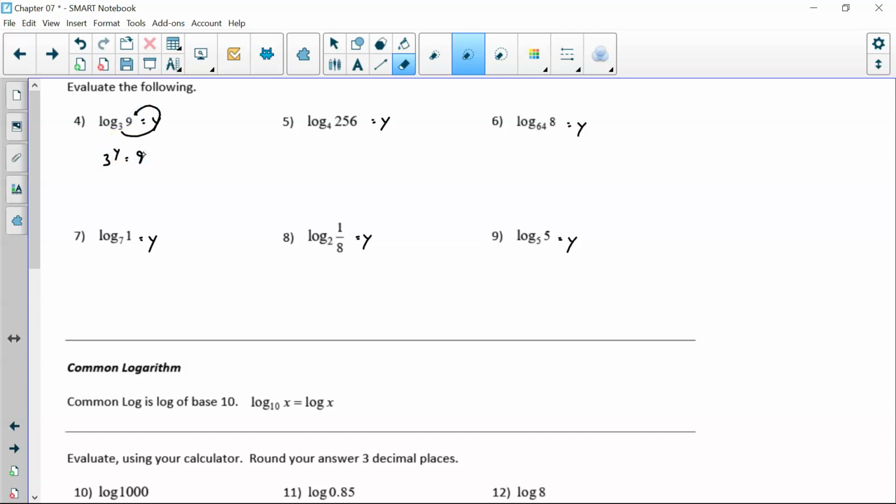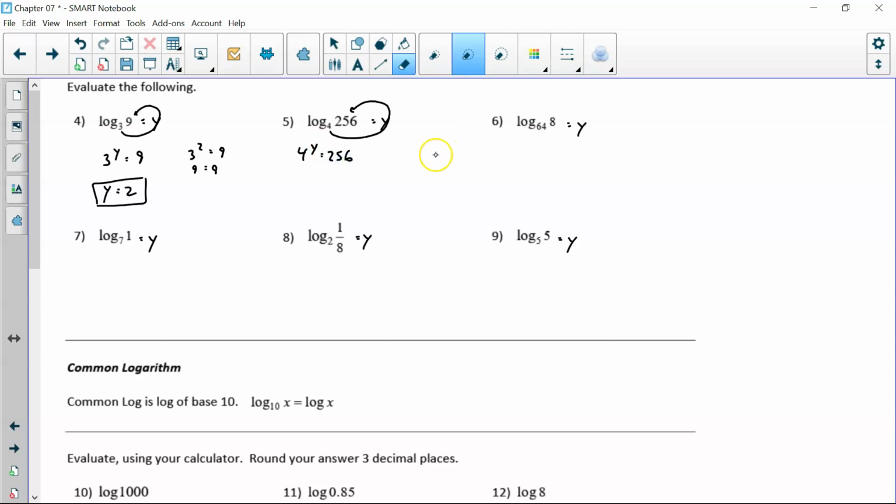Because what we're looking for is which exponent on 3 is equal to 9? And 3 squared equals 9. So y equals 2. That's the missing exponent. That's what we're solving for.